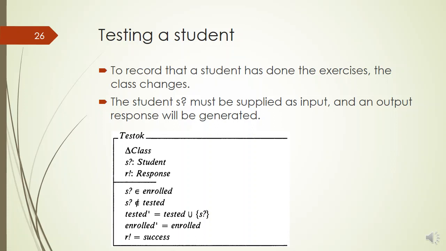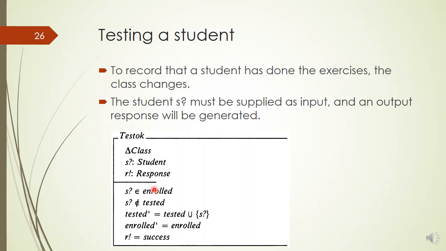The test operation is specified with the schema test OK, including the response variable. So student S with this symbol of question mark must be supplied as an input, and an output response will be generated in the form of success.